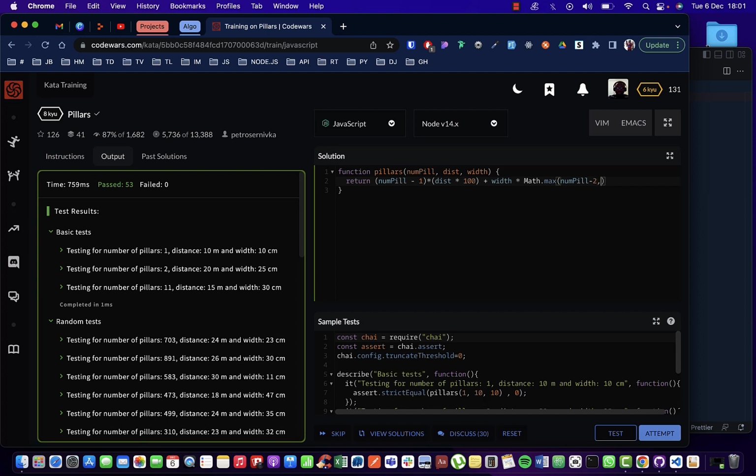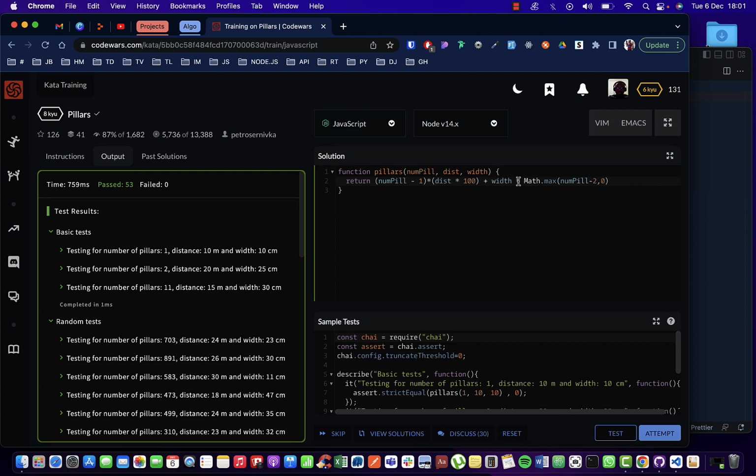In this case, I will put num_pil minus 2 and 0. So what this is doing now is saying if we have num_pil as 1 and we have 1 minus 2, it will give minus 1. 0 is higher than minus 1, so it's going to pick 0, because Math.max will pass this as 0, which is what we want. So it will give us 0 times width, which is 0, which is fine.